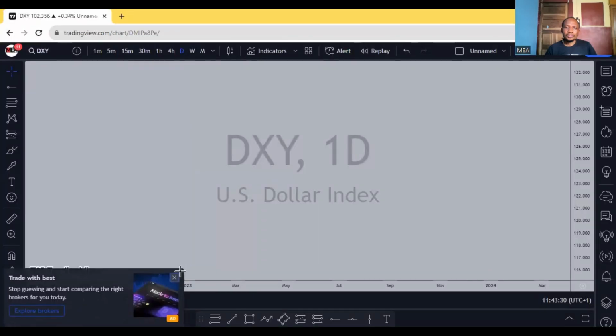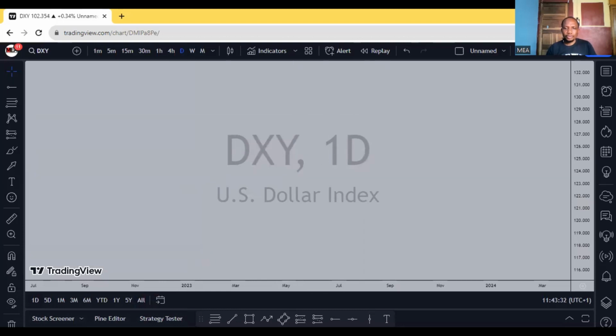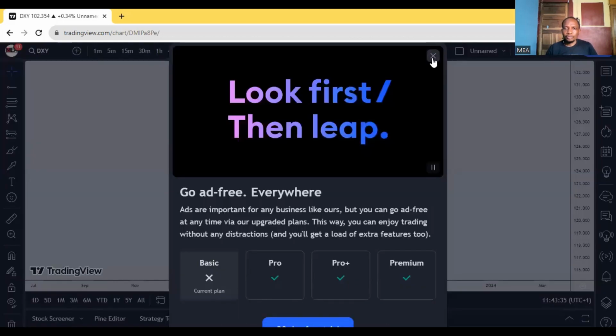Okay, so this is my chart. Just forget about the DXY you are seeing. I just want to make an illustration of what I'm saying.